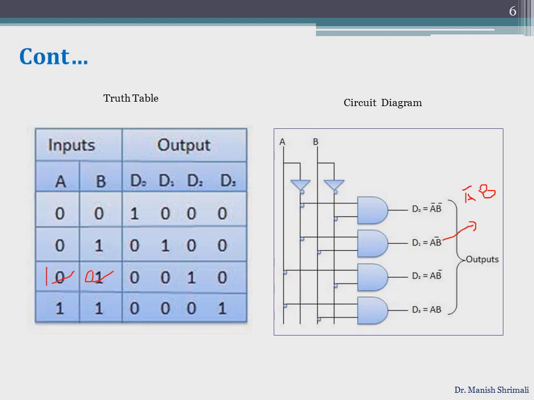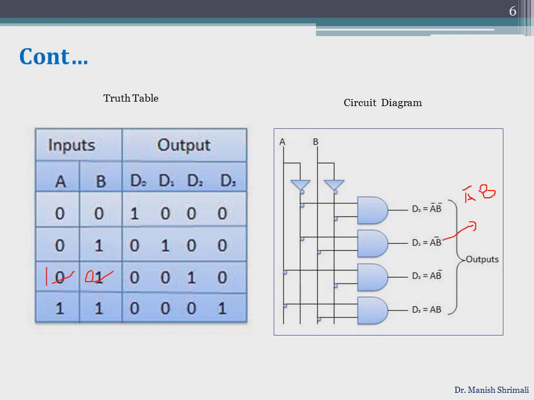So D2 will be high when we give the inputs as 1 0. When this is 1 and this is 0, D2 will be high, and D3 will be high when both the inputs are 1 1. When B is 1, here we are getting 1.